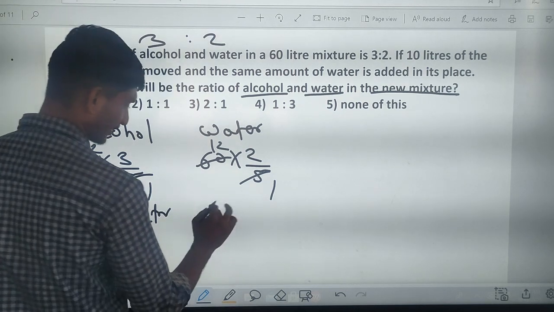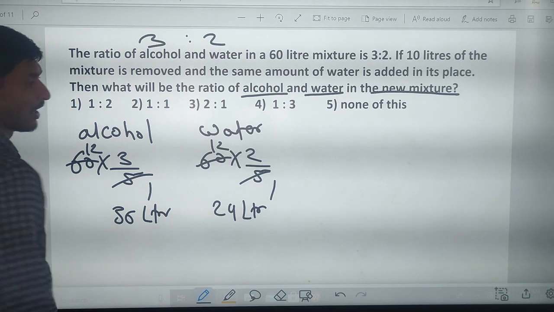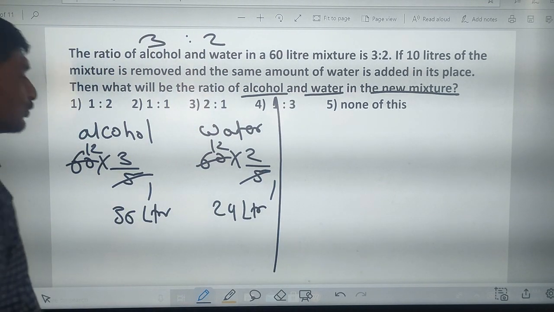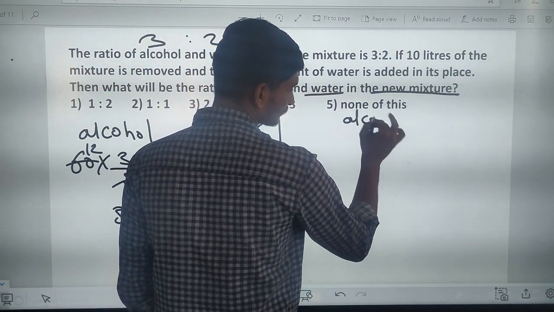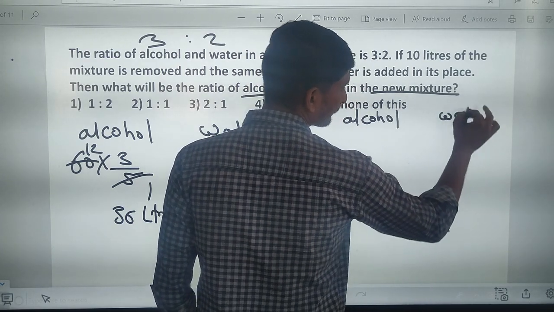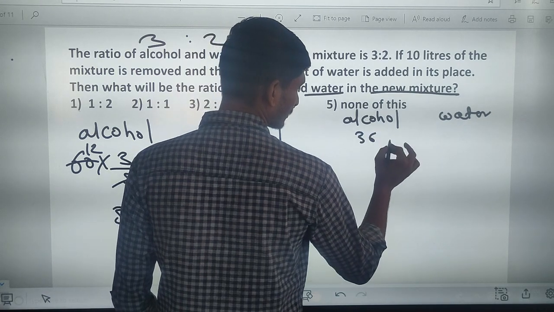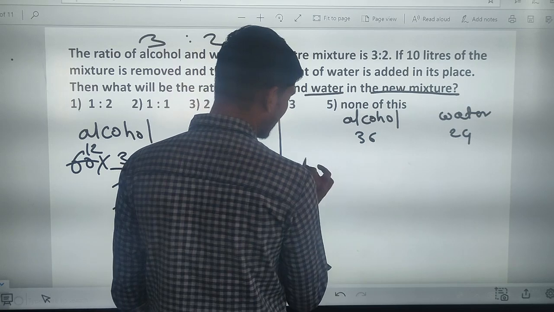That is 36 liter and 24 liter, out of which 10 liter mixture is removed.